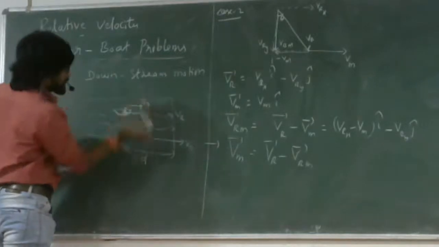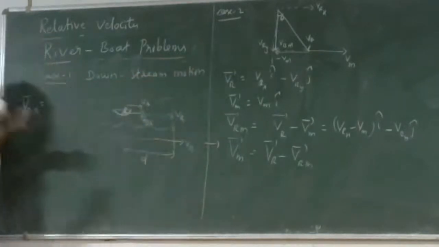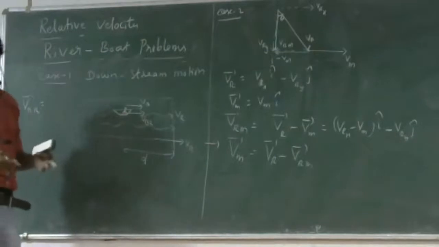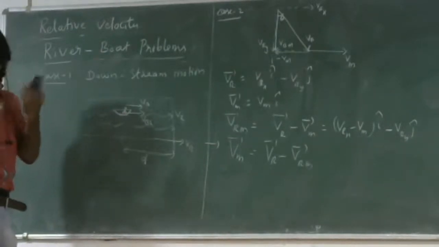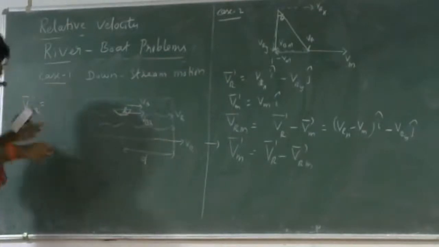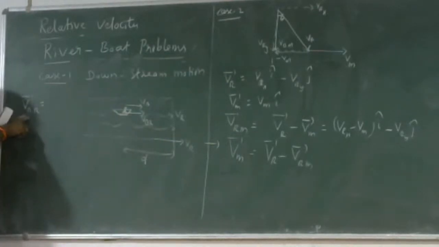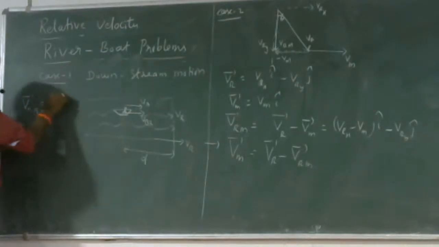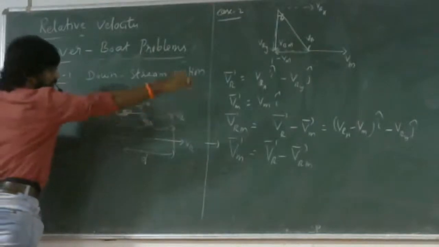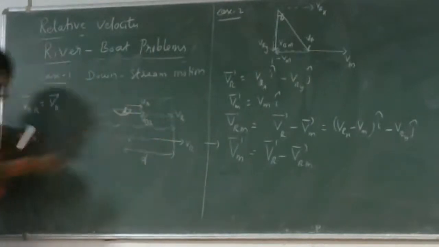Velocity of boat means with respect to ground, both are in same direction. If two objects are moving in same direction, what is the relative velocity? It is the velocity of the first plus the reverse velocity of the second. Yes or no? So the first one is boat. Velocity of boat with respect to river is the ultimate velocity of boat. Boat is moving in the positive direction, VB. Plus reverse velocity of river. River is in positive direction, reverse velocity will be in negative direction.